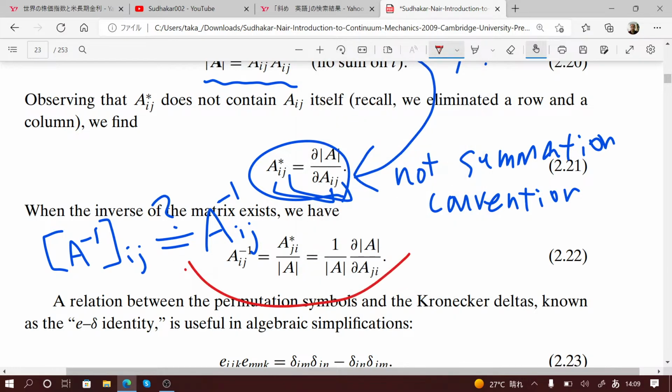And I don't think this is the same. I don't think this is true.